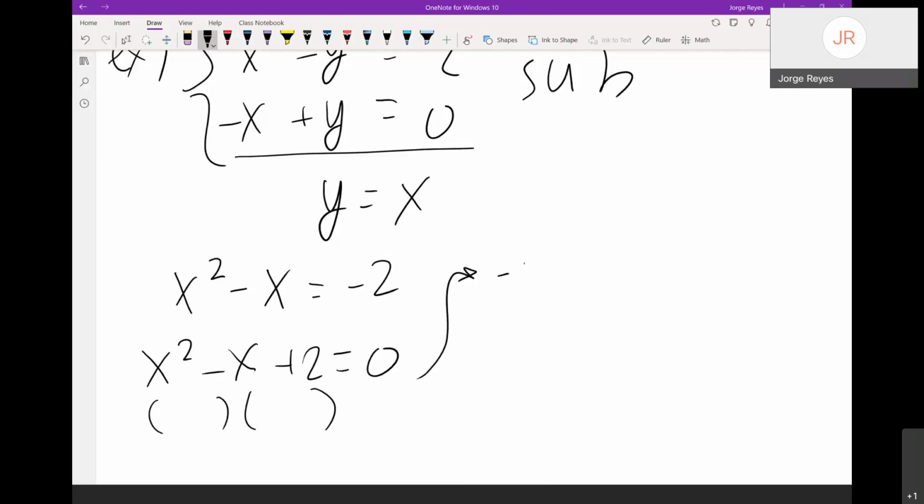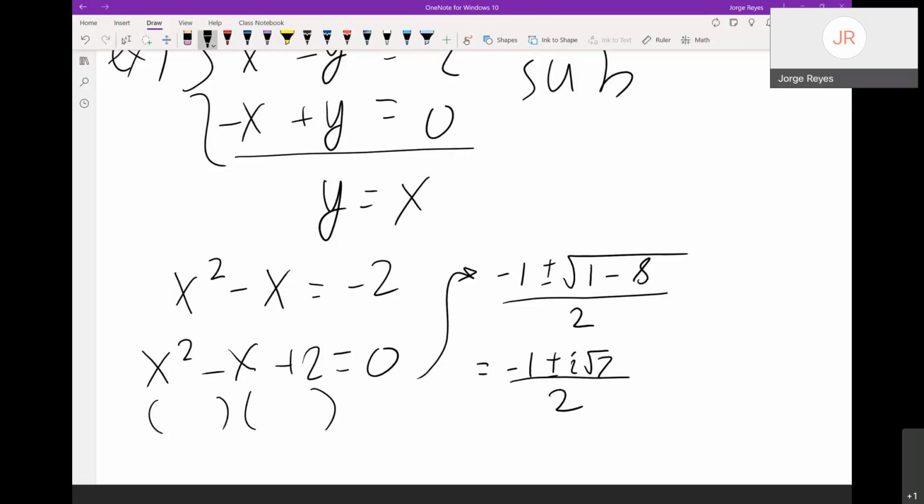Negative b plus or minus the square root of b squared minus 4ac, so minus 4, so minus 8, all over 2a. So the answer is -1 plus or minus the square root of -7, so i square root 7, over 2. And then x is the same thing as y.